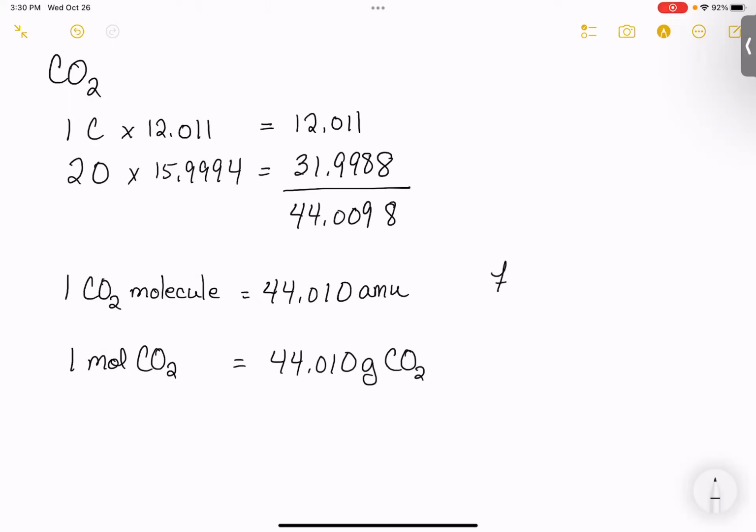Again, this top one would be the formula mass. The bottom one would be the molar mass. And the difference is we went from 1 atom or 1 molecule to 6.022 times 10 to the 23rd of them.